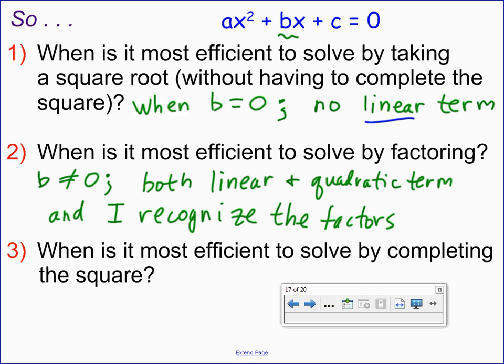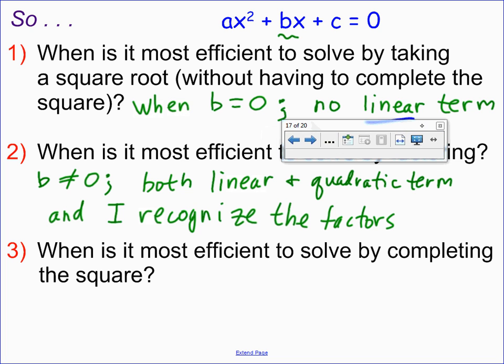When is it most efficient to solve by completing the square? To solve by completing the square, that's when I've got an x squared and an x term, both a linear and quadratic, but I can't factor, or don't recognize the factors. Then I'm going to go ahead and solve by completing the square. So I kind of use that as a last resort because I like factoring.